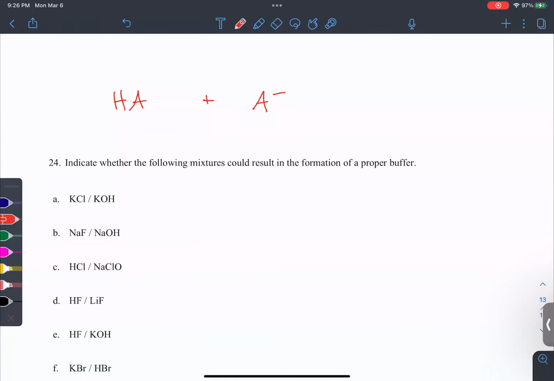Or you could have your base and your conjugate acid, in very large quantities. And when we have a buffer, we use the Henderson-Hasselbalch equation: pH equals pKa plus log of weak base over weak acid.